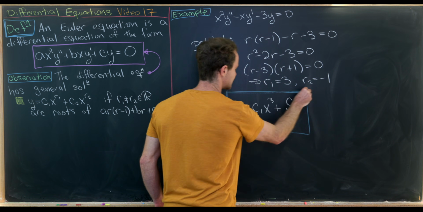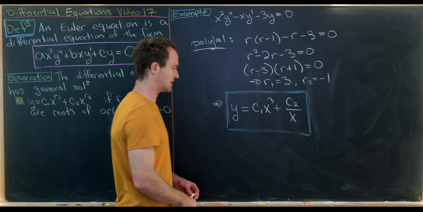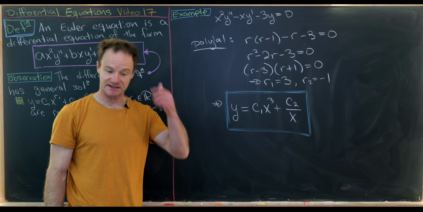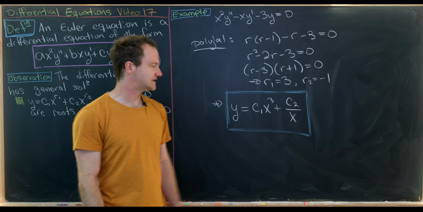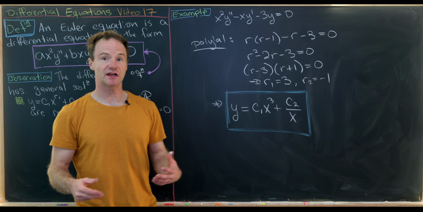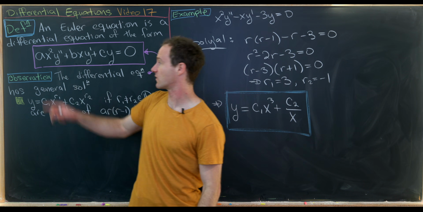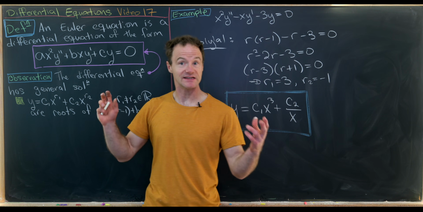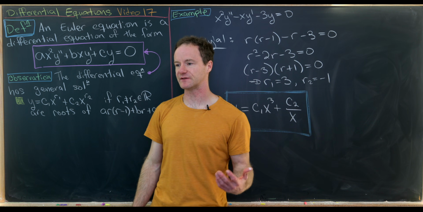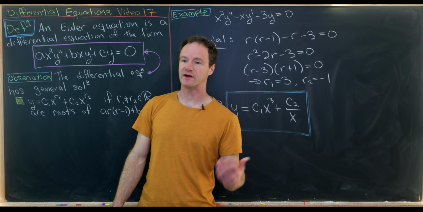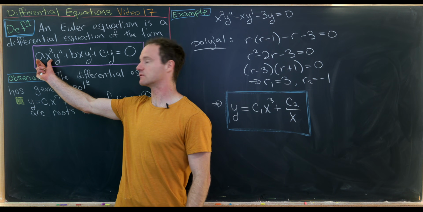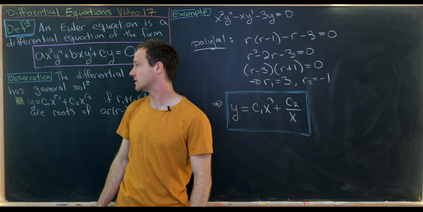Now let's notice that this solution is discontinuous at 0. So the fact that this is discontinuous at 0 is really coupled with the fact that this function in front of y double prime has a 0 at 0. So in other words, if we evaluate this at x equals 0, we get a 0 for this very simple function here.